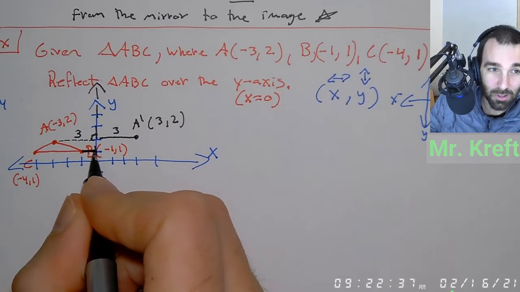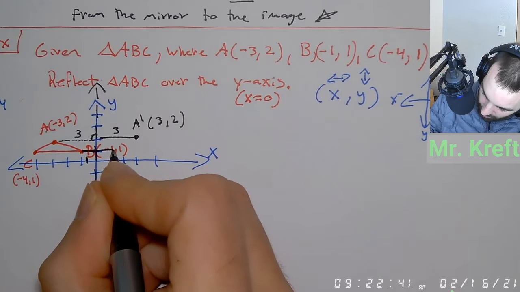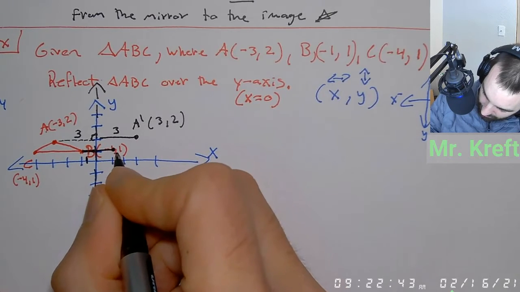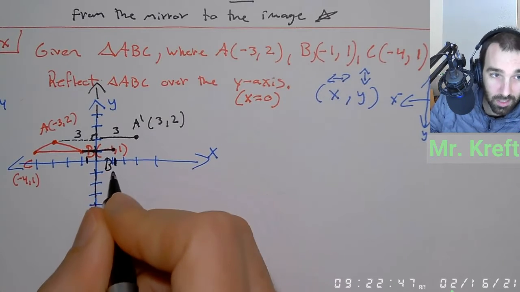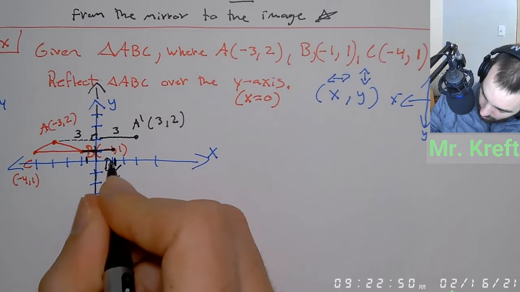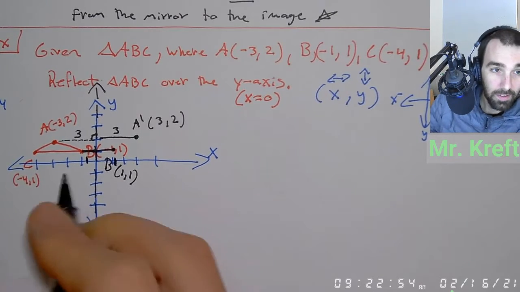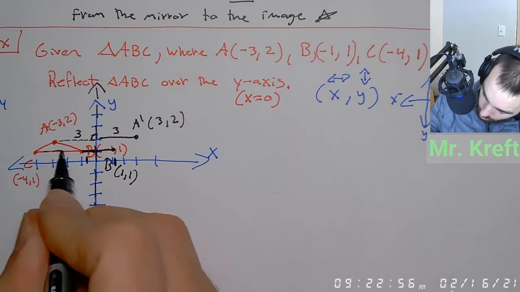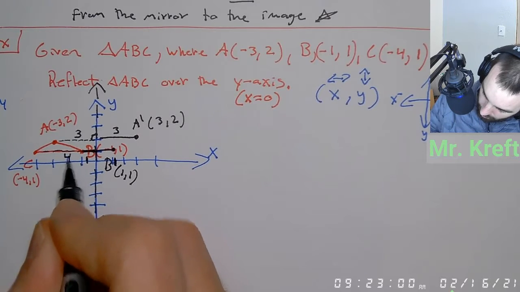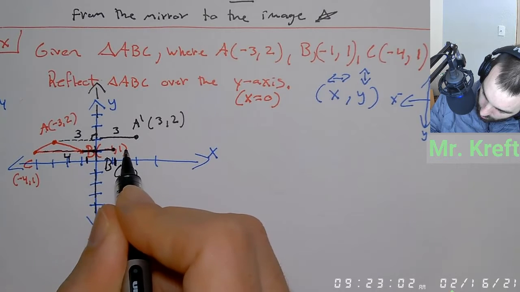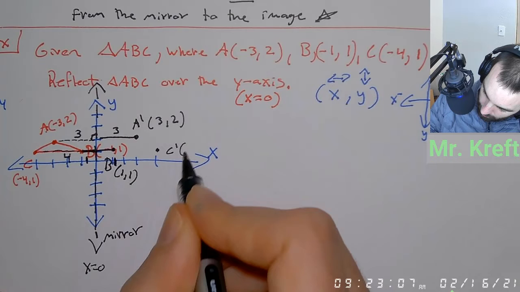So we're going to do this with all points. B here, remember how I said I regret writing it there. B here is 1. So on the other side, I'm going to go 1. So then I have B prime. And you have to label. So B prime here is right 1, up 1. And then C prime is 1, 2, 3, 4. So I'm going to go 1, 2, 3, 4. So here's C prime, and that's at 4, 1.